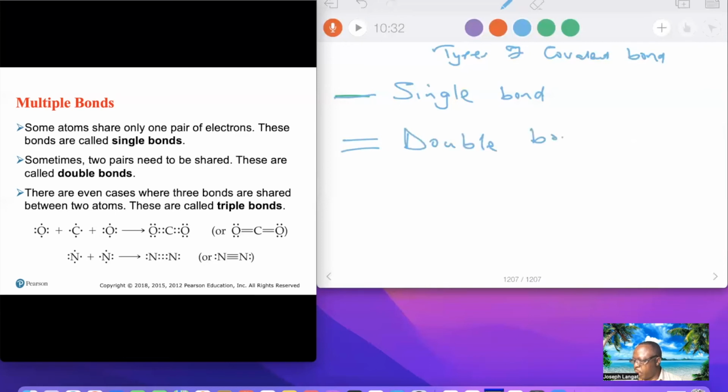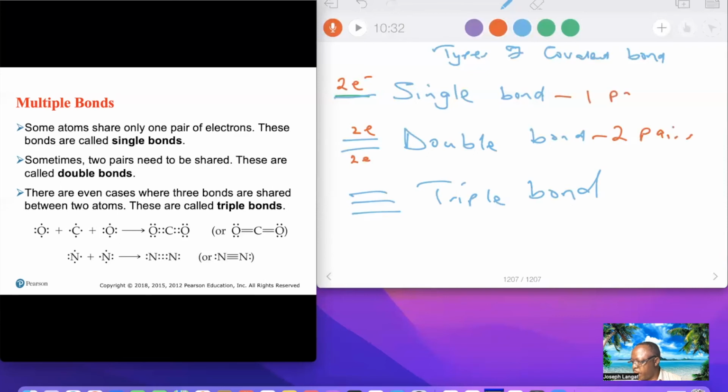Double bond, triple bond, 3 bonds. Here we have 2 electrons, 2 here and 2 here, which gives us 2 pairs, 1 pair. And then 2 electrons, 2 electrons, and 2 electrons, and then here is 3 pairs of electrons.